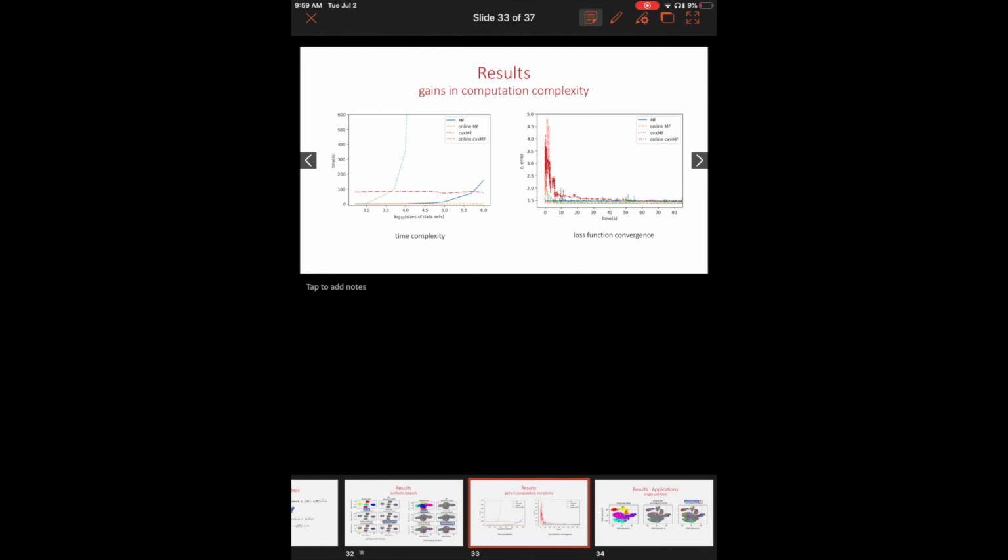And here is the amount of time it takes for the convex matrix factorization algorithm versus the other online algorithms. And here we show that they both converge to the same approximation error.